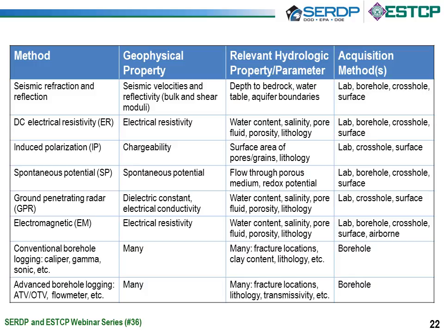For example, we're going to talk a little bit in this webinar about DC electrical resistivity, and this method senses the physical property resistivity, and electrical resistivity is controlled by a number of factors of the subsurface that include the water content, the salinity, the pore fluid concentrations, porosity, and so forth.